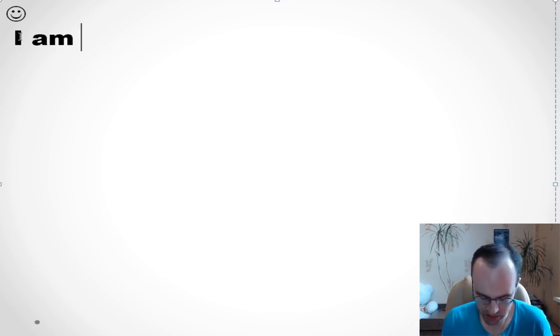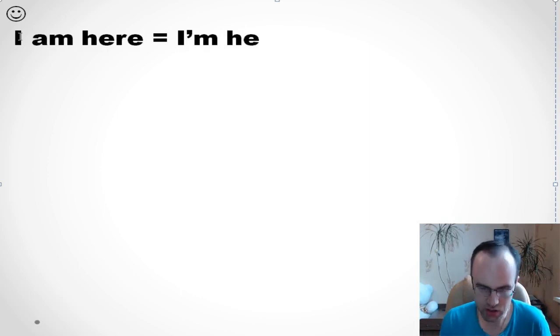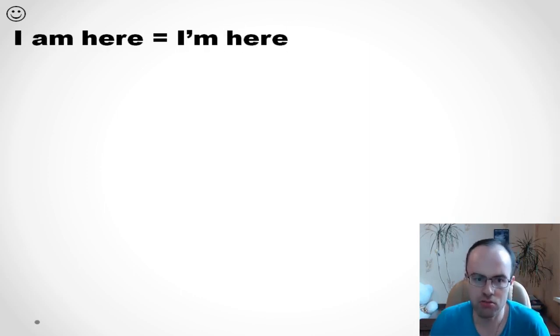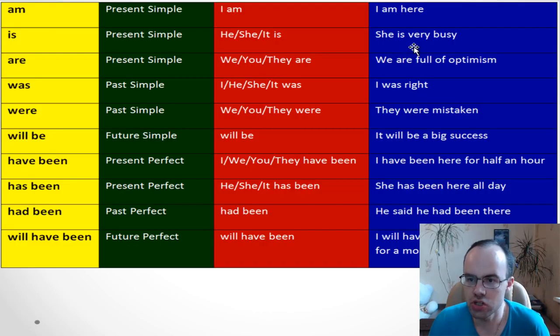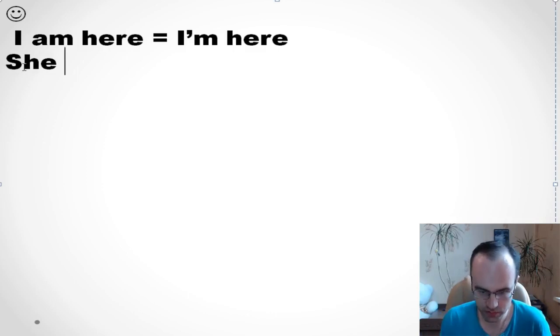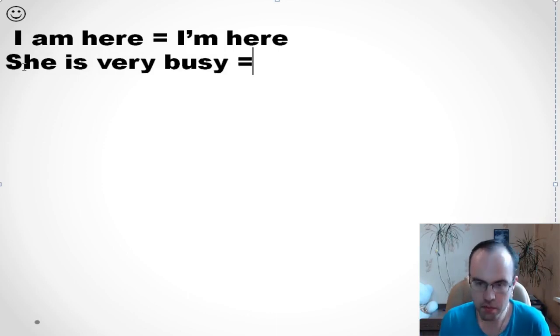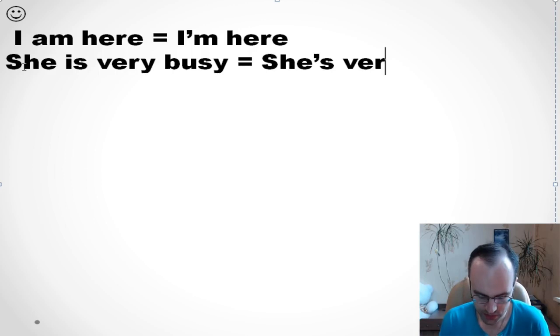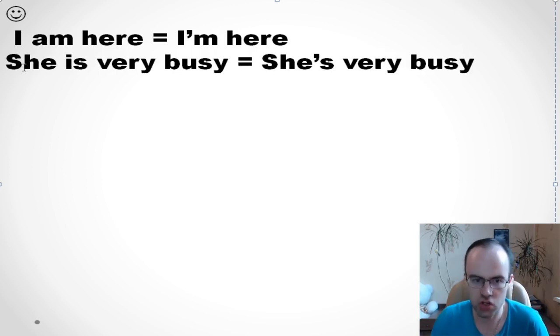So I am here, it's a full form, and mostly you see I'm here, right? So she is very busy, it's a full form, but we meet a short form very often, and usually it's more often. So she's very busy, she is very busy.